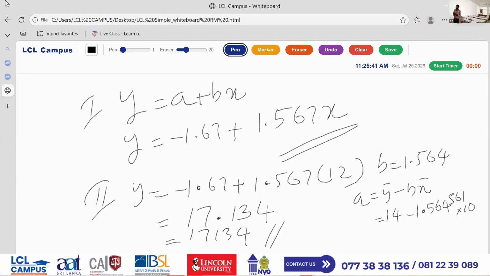Take 14 minus 1.564, 564, 561 into 10, equals minus 1.645. Okay, because we have taken the answer without these decimals, that's why this one is coming. Correct? Again, check why the answer did not come using the calculator.